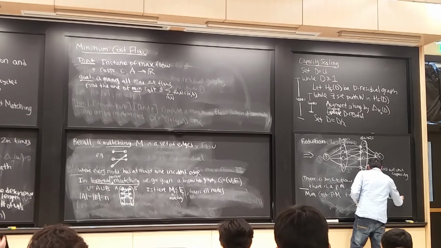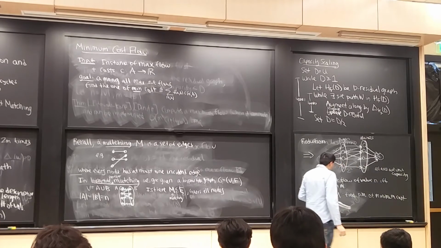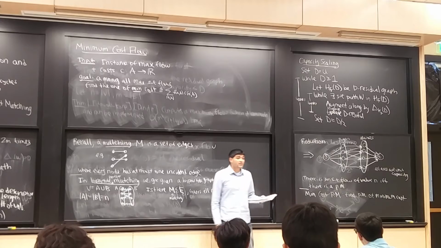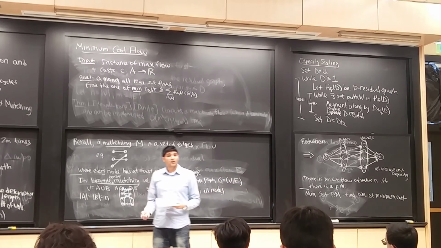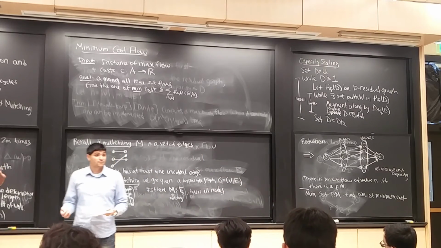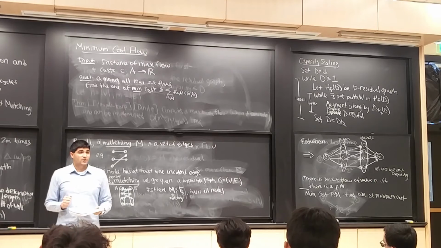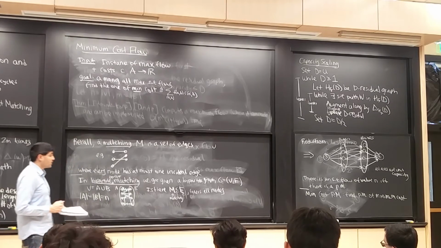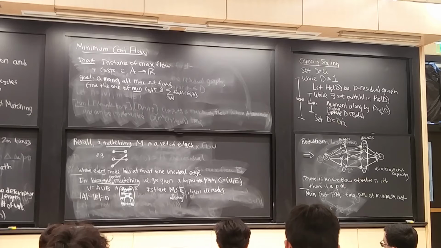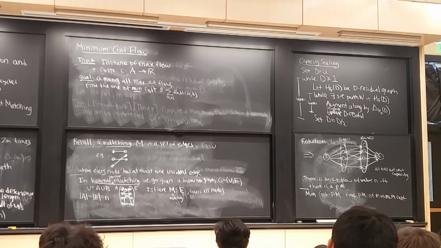Of course, we're presupposing that there is a perfect matching, but that's something we already know how to decide with max flow. Everyone on the same page? Any questions about this? Any objections? No? All right.